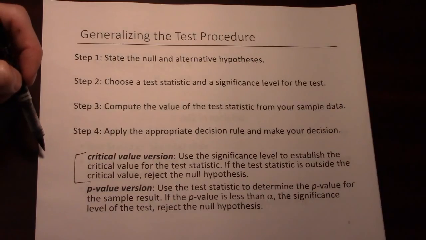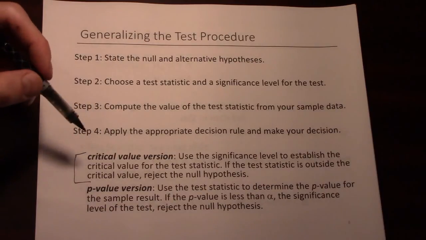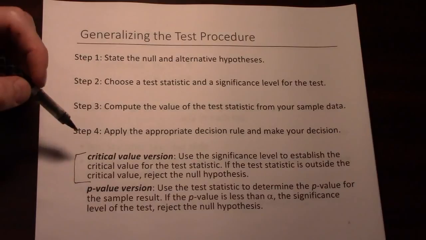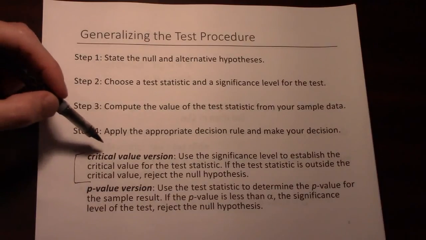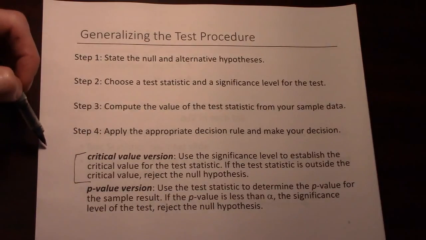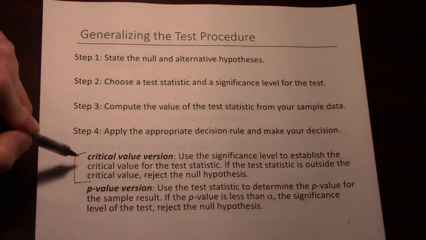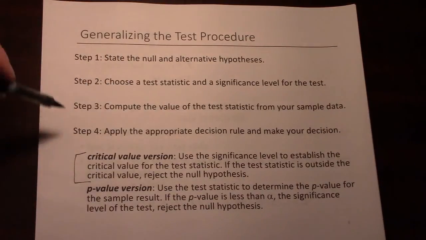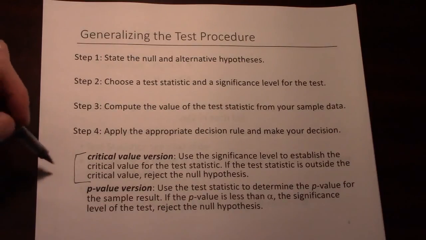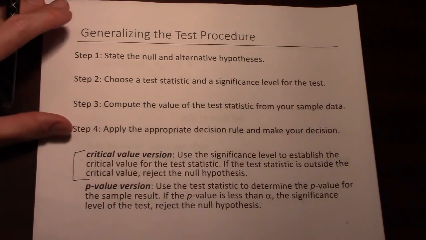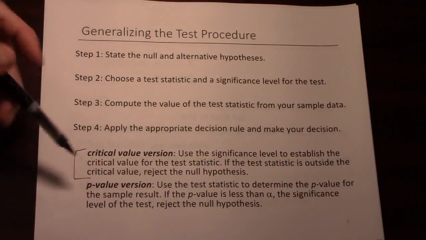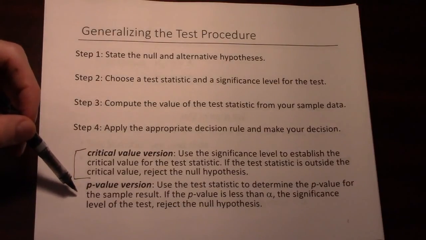If we're looking at a z-distribution, that would be 1.65 positive, 1.65 negative, and if our test statistic is outside of that, meaning greater than 1.65 or less than negative 1.65, we reject.